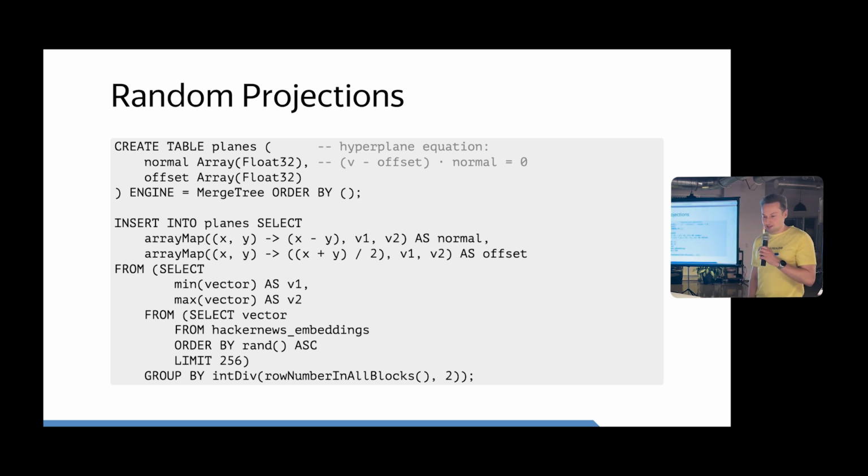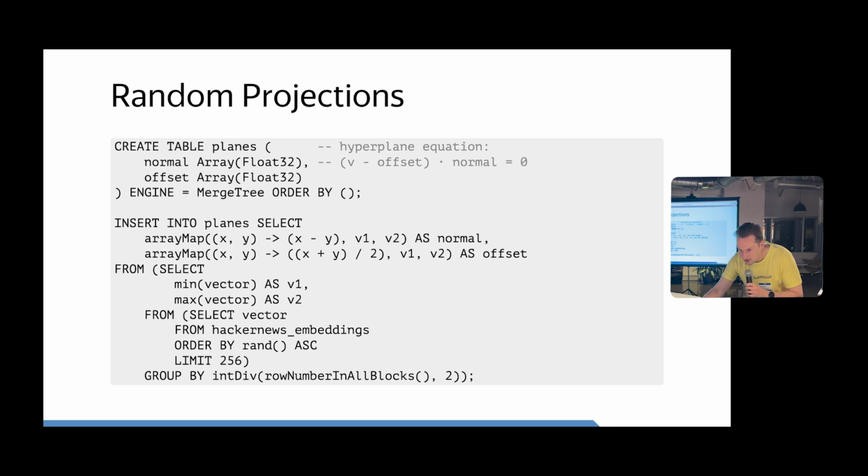Okay, how to do it in ClickHouse? We can use a simple insert select statement. So we will create a table with random hyperplanes, and to calculate that the point is on one or another side of this hyperplane, we do a scalar product with the normal to the hyperplane and compare it with 0.